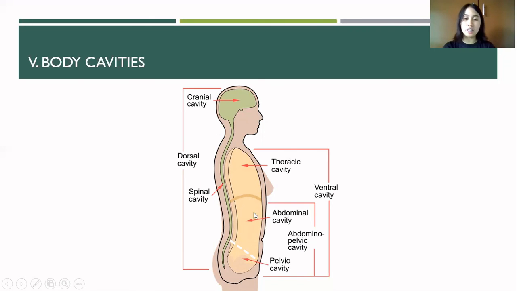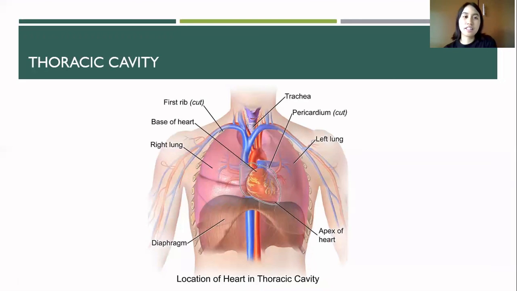So it is literally in the abdomen and the pelvic part of the body. Next, we have the dorsal cavity, which is divided into only two cavities: the cranial cavity, which surrounds the brain, and the spinal cavity, which contains our spinal cord.